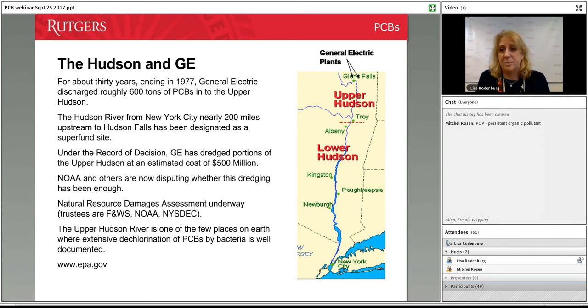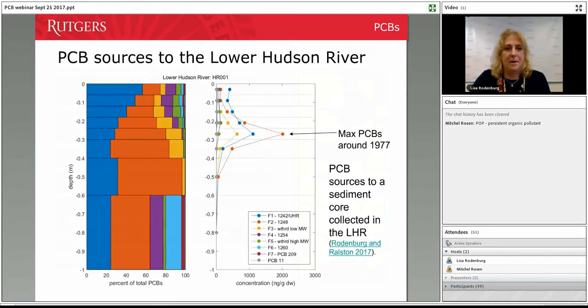That's where we first learned about it; much of what we know about dechlorination came out of the Hudson River. But it's important to note, all of that dechlorination was not enough to prevent GE from having to spend $500 million dredging the river. So dechlorination's nice, but it's usually not enough to actually fix whatever the environmental contamination problems are.